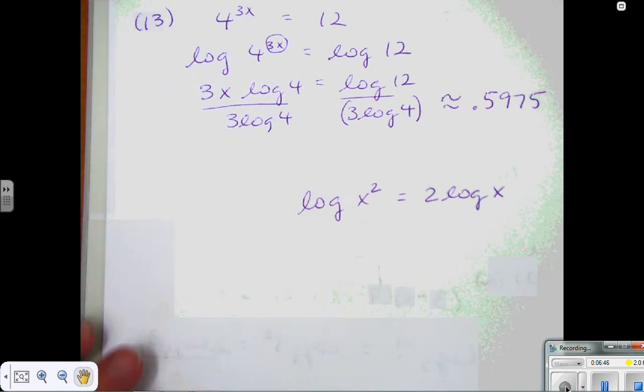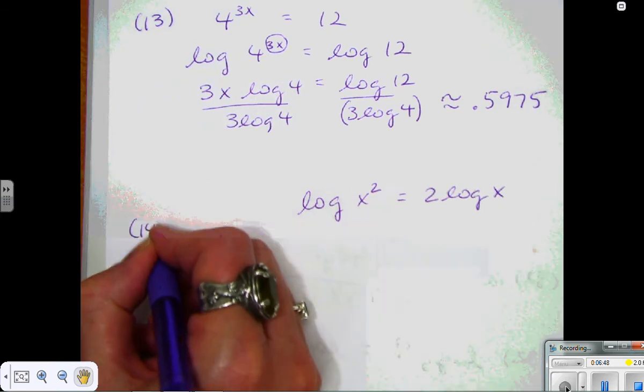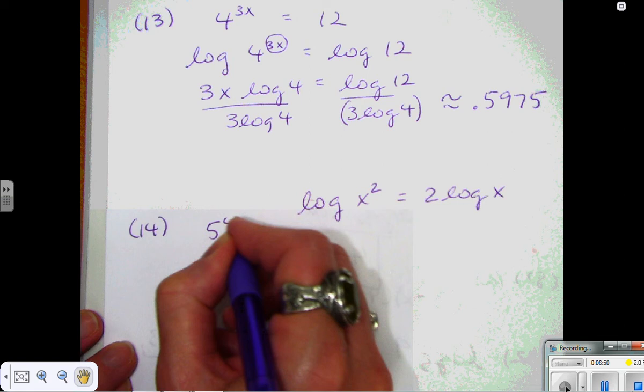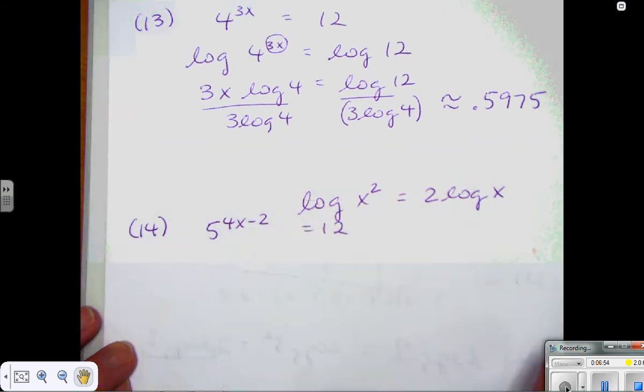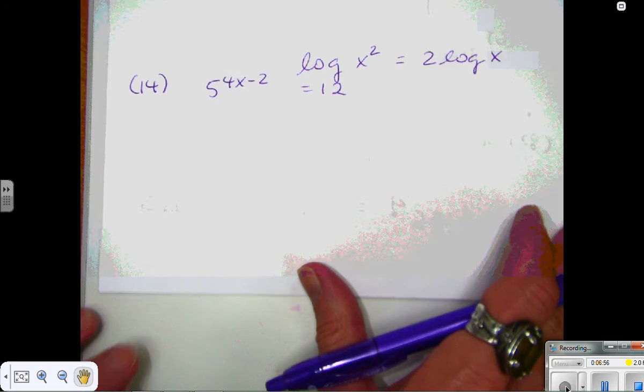Okay, let's do another one. Let's work on number 14. Do you guys want to try that one on your own? I guess. Okay, go ahead and try it on your own, and I'll do it up here.